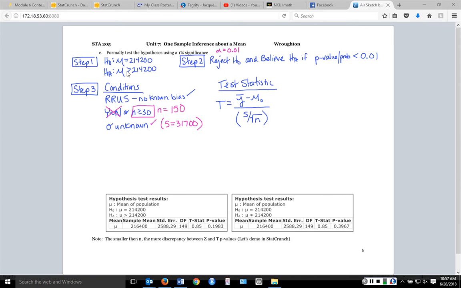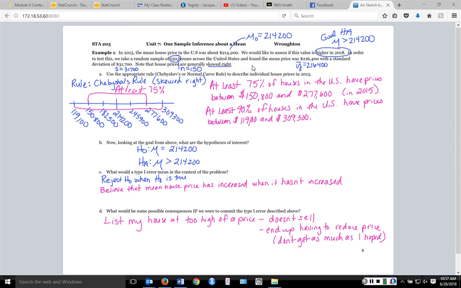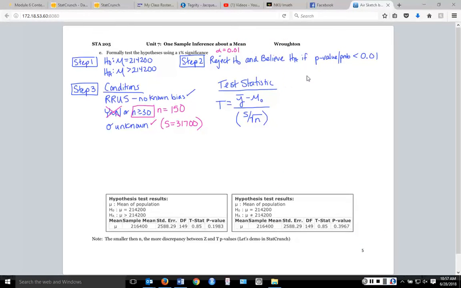So y bar, we already have as our $216,400. We then already have our mu 0, because remember this number is whatever number shows up in our hypothesis, so that number will come down here. S, we just labeled. N, I also just labeled. So I already have all my numbers to plug in here.